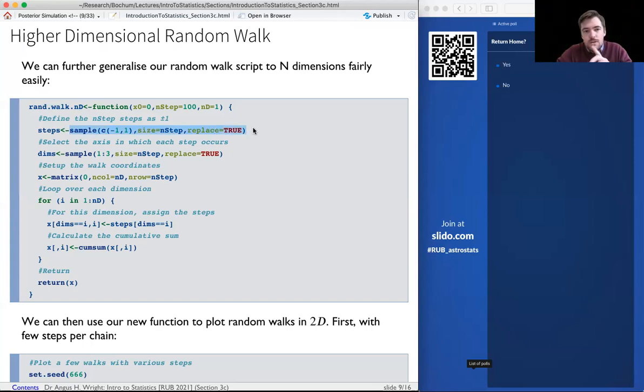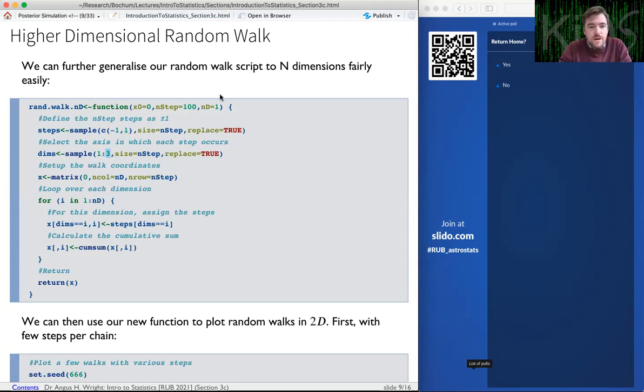The nuance, or the difference, comes by now generating a direction that I am stepping in. So for example, in 3 dimensions, I'm going to sample a value from 1 to 3, and that sample is going to tell me which direction I took a step in. If I'm working in 3D, that should actually be ND there, so that's a mistake.